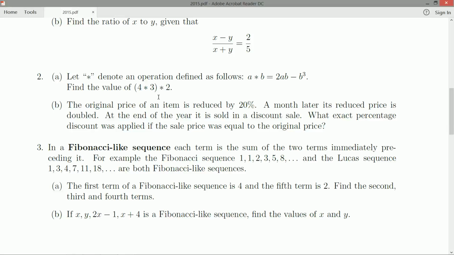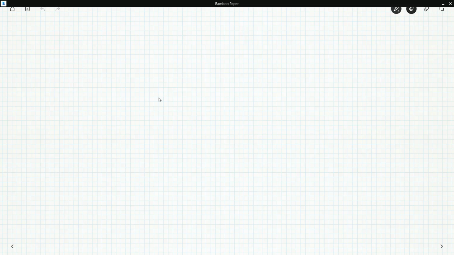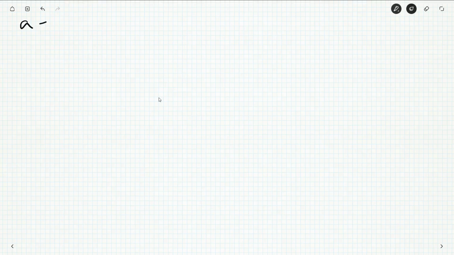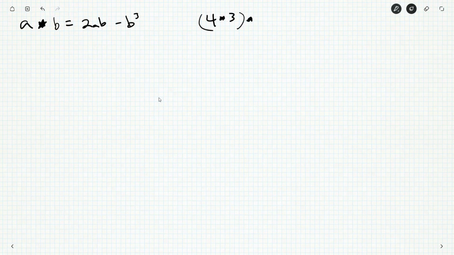Okay? Well, they've given us the operation, no reason not to just plug the numbers in. So I will, just so I don't have to keep flipping back and forth, we'll just write down the operation: 2ab minus b cubed. We want 4 asterisk 3 asterisk 2, and we do what's in brackets first.